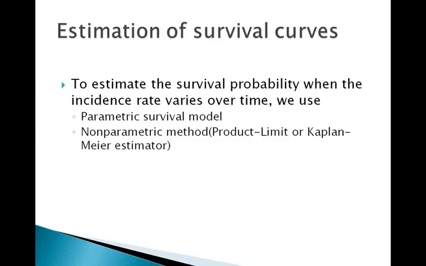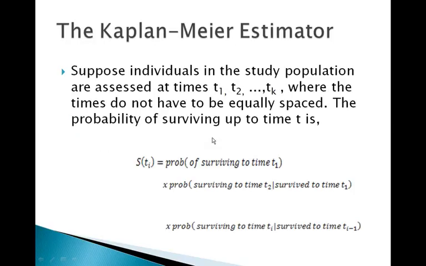So what we want to get into next is the estimation of survival curves. To estimate the survival probability when the incident rate ratio varies over time, we are left with two basic ways: a parametric survival model or the non-parametric method. The non-parametric method that we're going to be looking at is the product limit or the Kaplan-Meier estimator. The Kaplan-Meier estimator supposes that individuals in the study population are assessed at particular intervals of time, and in this case we're going to assume that we have k points in time, where the times do not have to be equally spaced.